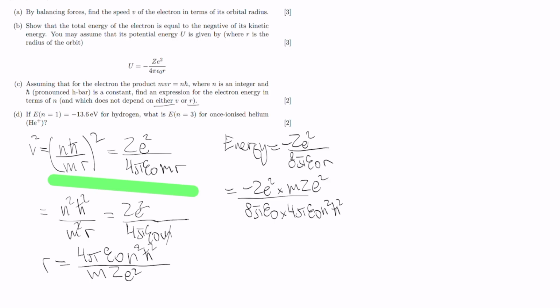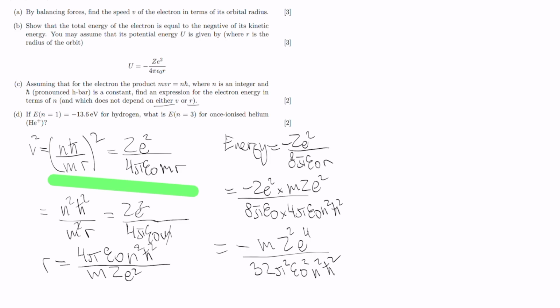Okay, let's see if we can tidy this up a little bit. So this here will be given by minus, we only have one factor of m, don't we? Okay, minus Z squared e to the power of 4, divided by 8 times 4 is 32. We've got a factor of pi squared epsilon naught squared n squared h bar squared. I think that is right. Please let me know if you spot a little algebra mistake or something of that nature.